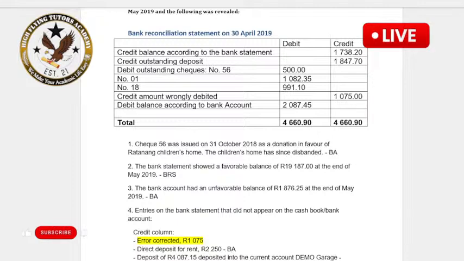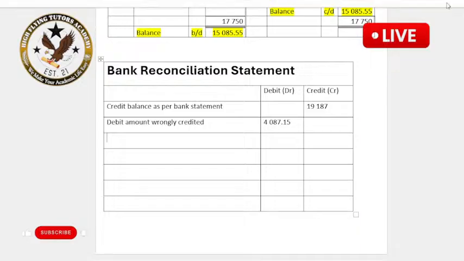So we go to our answer sheet right there and say credit outstanding deposit, because that deposit has been outstanding from April and is still outstanding even now.